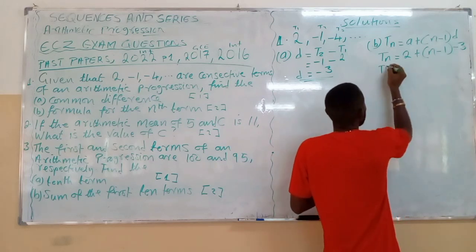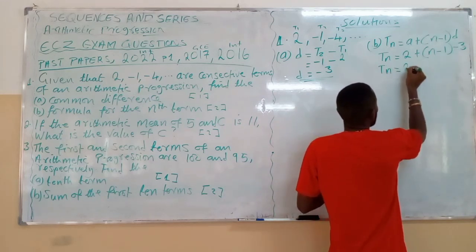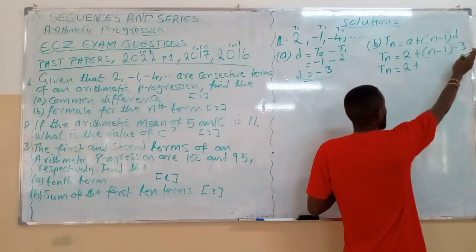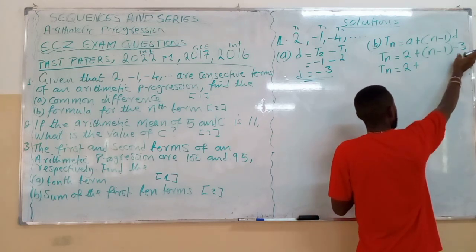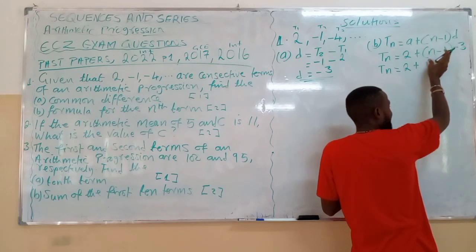So we have Tn is equal to 2 plus, now in this scenario we are simply saying this -3 is multiplying everything inside the brackets.